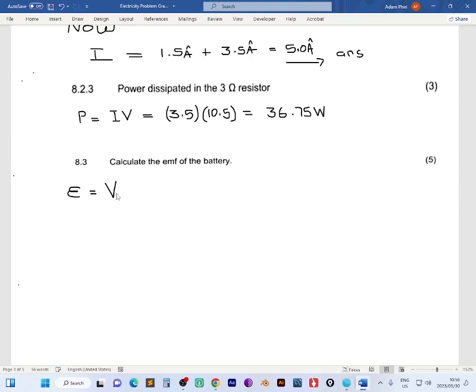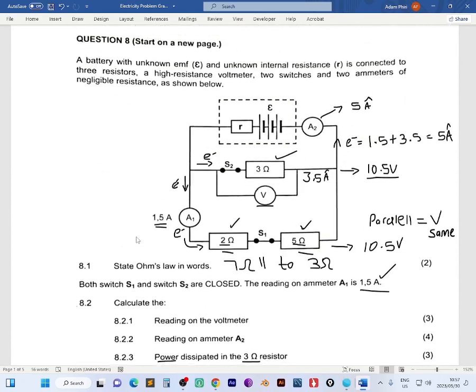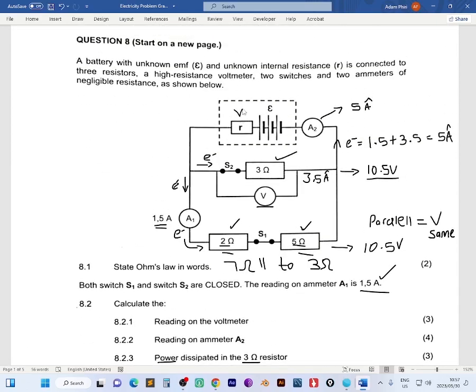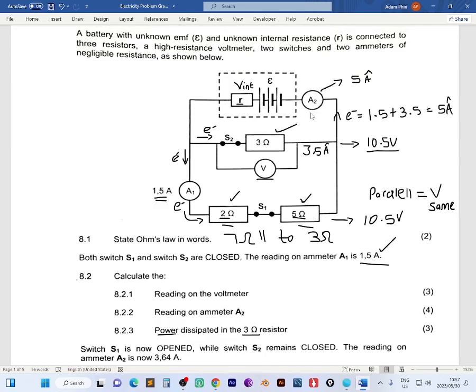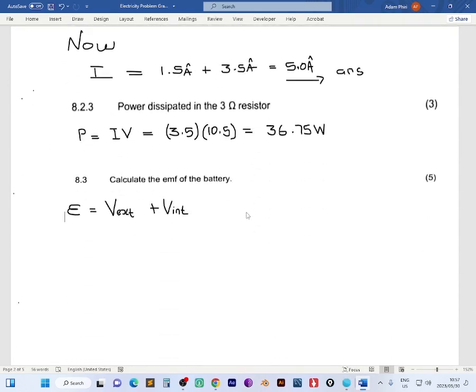Now 8.3, we need to find the electromotive force, the EMF. That is the total potential difference that the battery can provide if not supplying the circuit. So we have the potential difference internal, which involves R, and we don't know that one. And then we need to know the potential difference external.